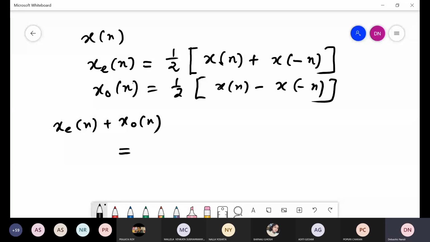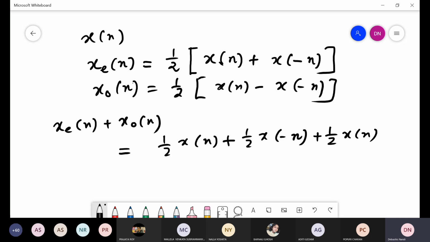And this is equal to half x[n] plus half x[-n] plus half x[n] minus half x[-n].